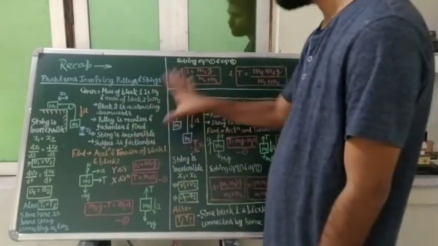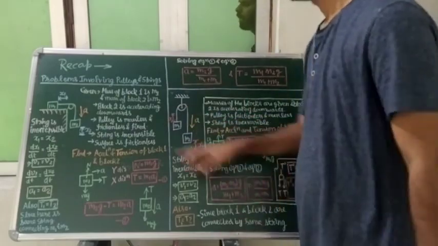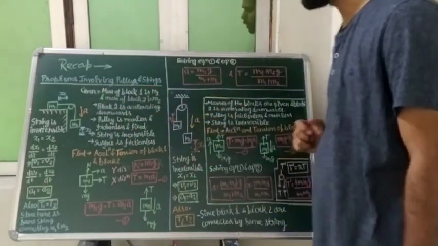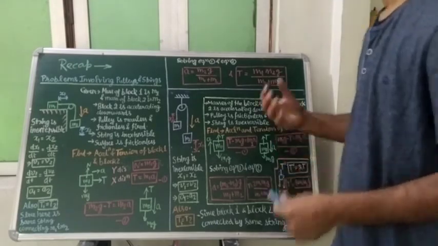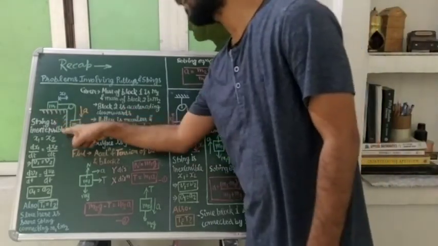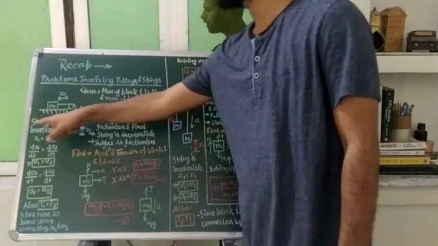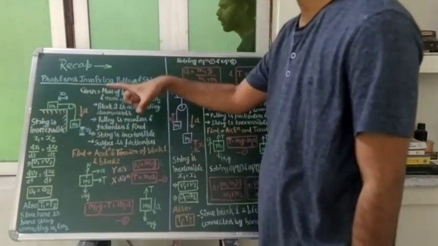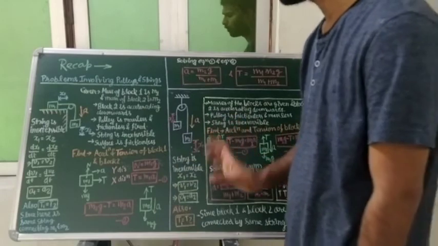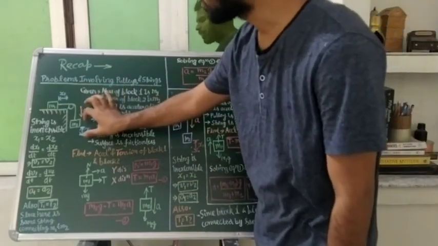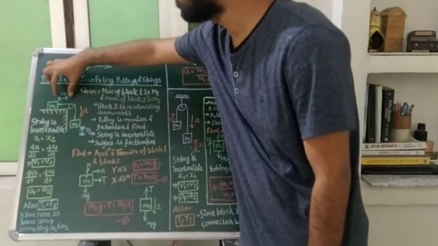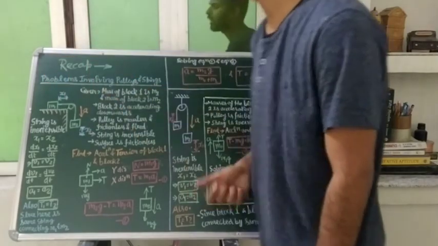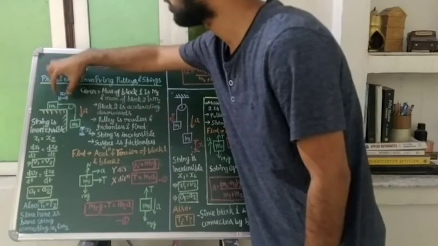So this was the problem given to us. Since the string is inextensible, the length of the string is not going to change. Suppose mass m2 comes down a distance x2, then mass m1 will move a distance x1, and these distances should be the same.